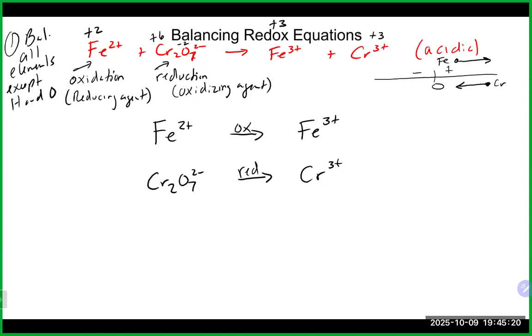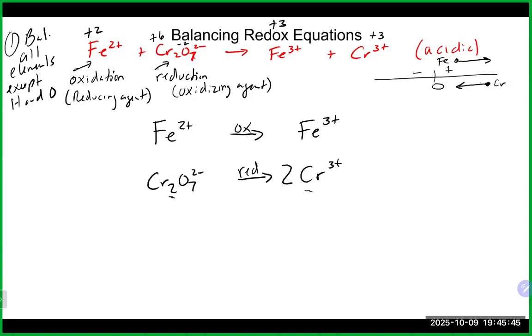So when we look at the oxidation half reaction with the iron, there's one iron on the left and one on the right, so that's good to go. On the bottom, when we look at the chromium, there's two on the left and only one on the right, right? There's two here and only one here, basically. Not charges, actual things that are there. So just like normal balancing equation, we're just going to put a coefficient in front.